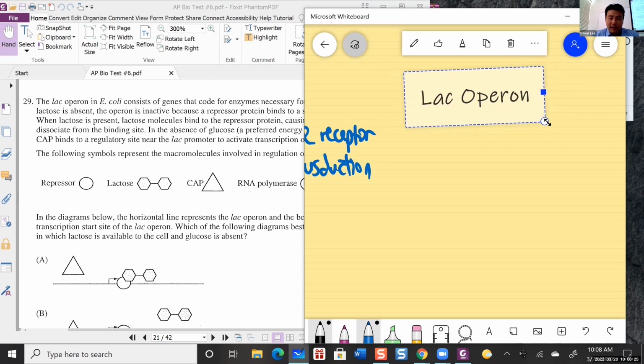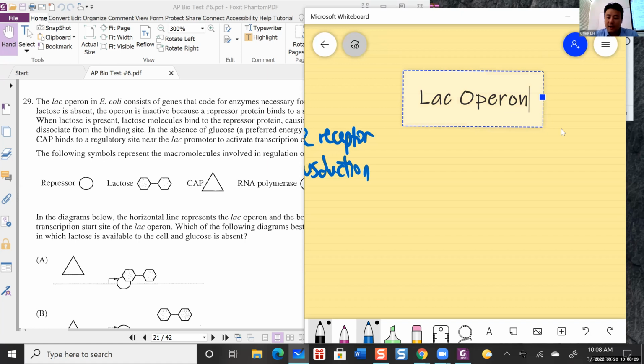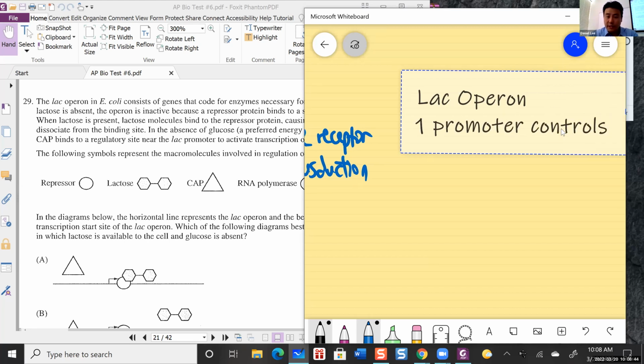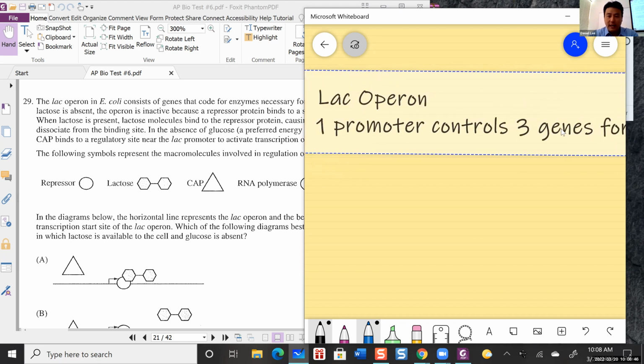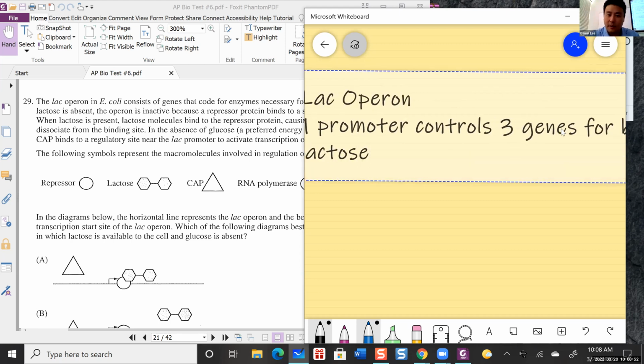One promoter can control three related genes, which, when they are expressed collectively together, allows the bacteria to utilize, in this case, lactose. That's the whole purpose of the lactose operon.